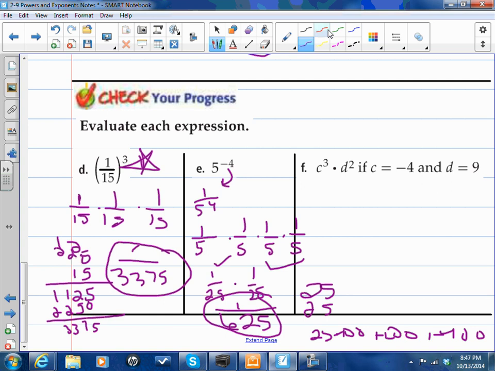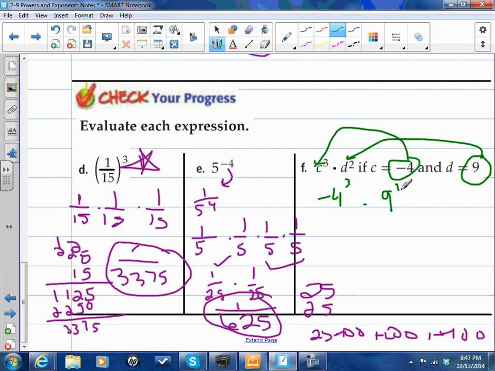Right. Last one on this kind of deal. Since we have c to the third power times d to the second, we really just need to plug in our values for c and our values for d. I'm kind of getting ready for distribution here, it looks like. So we have negative 4 to the third power times 9 to the second power.